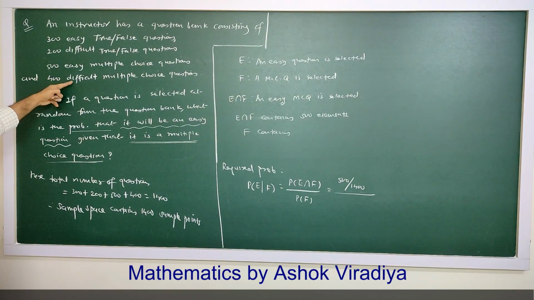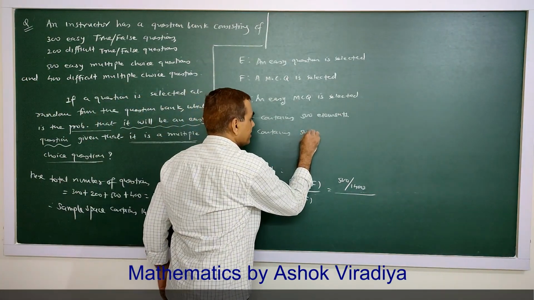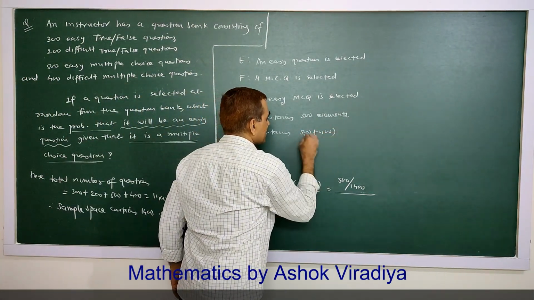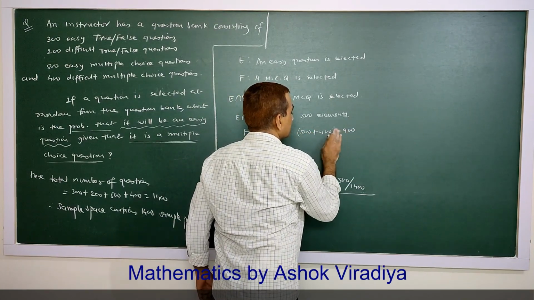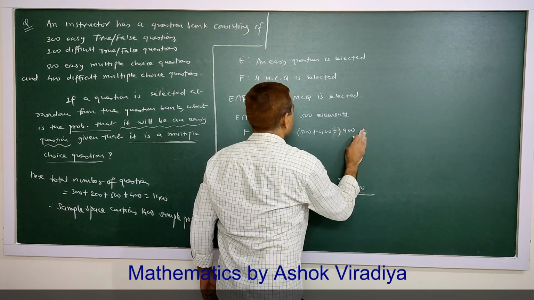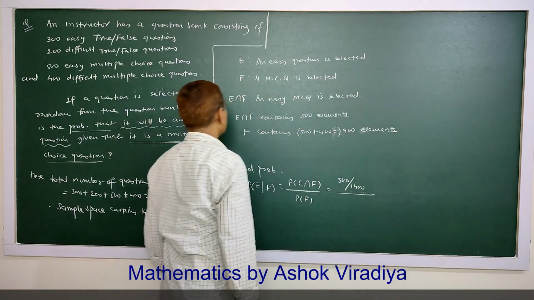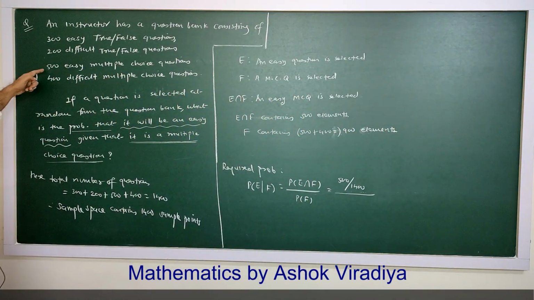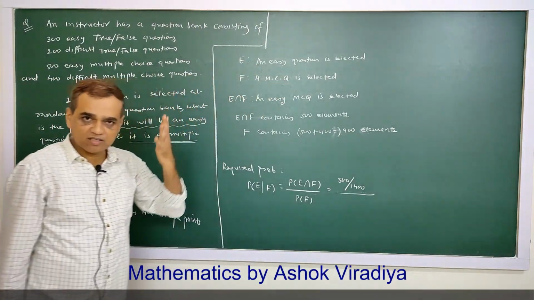Easy plus difficult, 500 plus 400, that is 900 MCQ, because in F only word MCQ is given.